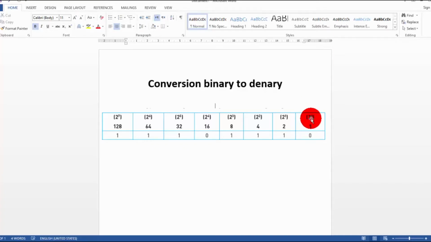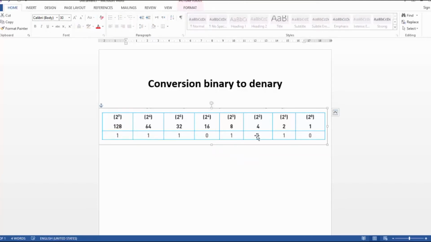So you can see there is a 2 written in the table, right? There are 8 twos. For example, there is a group of bits 1, 2, 3, 4, 5, 6, 7, 8. We have 8 bits, right? They are the 8 bits.